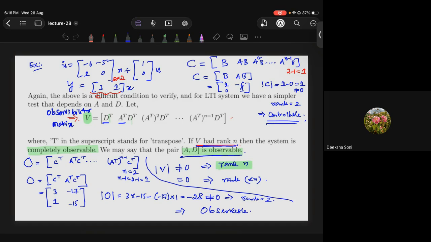Clear? So the system is controllable and observable. Is this clear? That is how to check controllability and observability. Any queries here? Any queries?